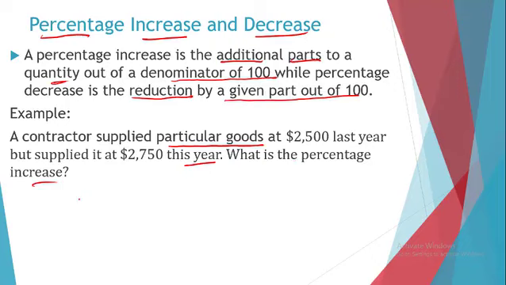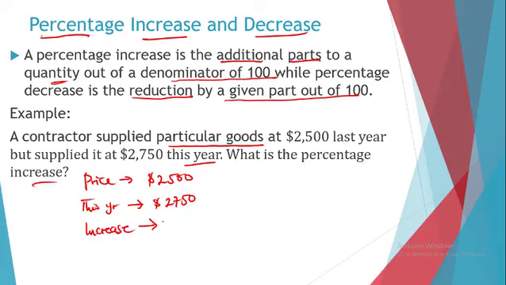Okay, let us start. Last year the price was 2,500, and this year the price is 2,750. So the increase would be 2,750 minus 2,500, and that will give us 250 US dollars.